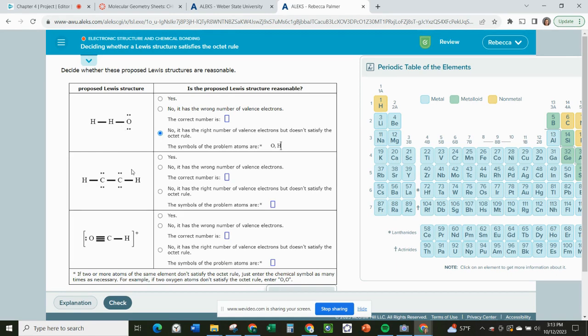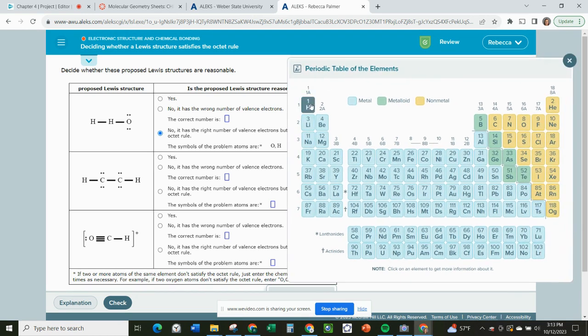Okay, next one. We have 2 carbons and 2 hydrogens. So 2 hydrogens that each bring 1 valence electron, in the first column. So that's 2. And then there's 2 carbons, each of those is bringing 4. So 4 plus 4 plus 2 is 10.